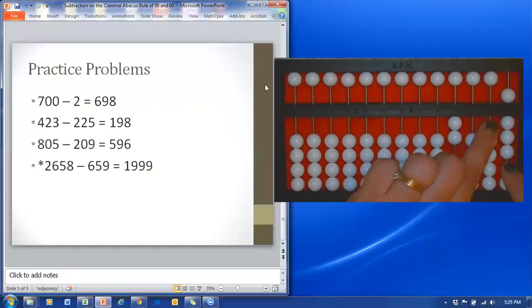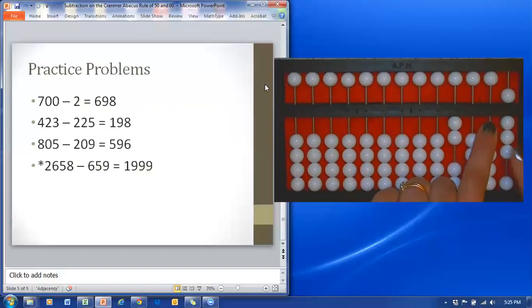And now in the last column, I'm going to subtract 9. So in the ones column, 1 down, 2 down, 3 down. Got to go up to that 5 bead. 4 up as I return below it. 5 down, 6 down, 7 down, 8 down, but I needed to subtract 9.